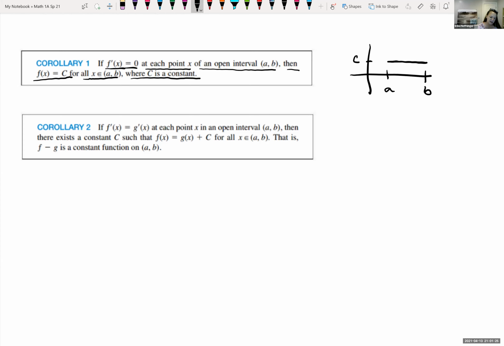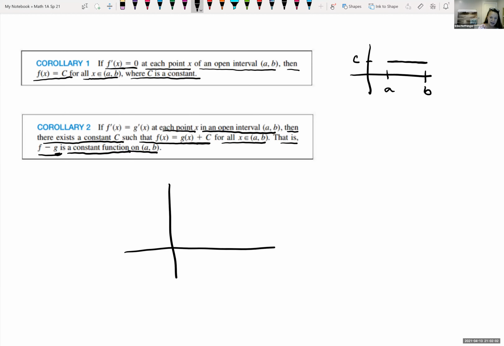The next corollary says if f prime of x is equal to g prime of x, so the derivative of one function is equal to the derivative of another function at each point x on some open interval AB, then there exists some constant c such that f of x is equal to g of x plus some constant for all x contained in AB. That is, if we took f of x and subtracted off g of x, that would equal that constant on AB.